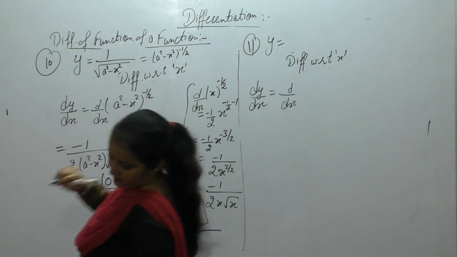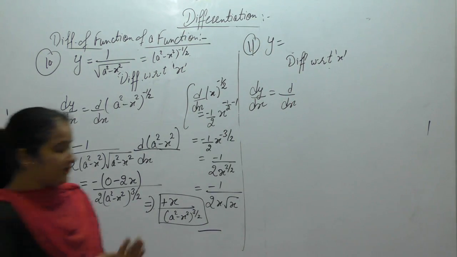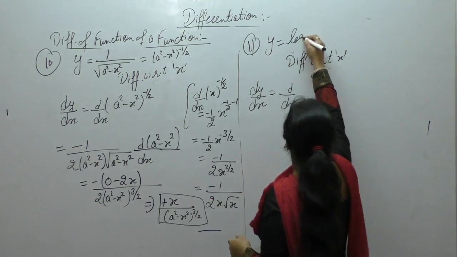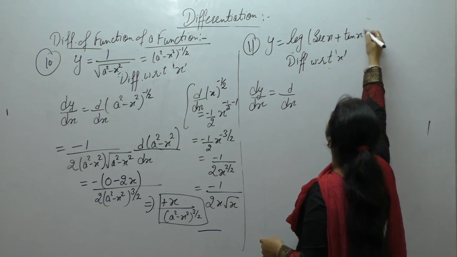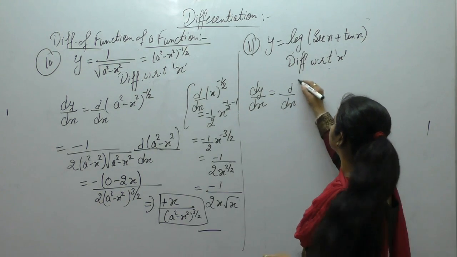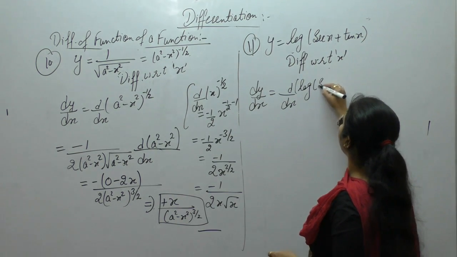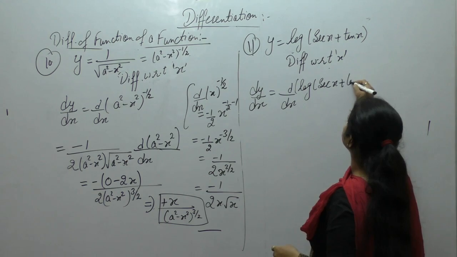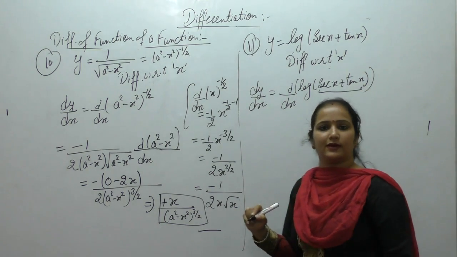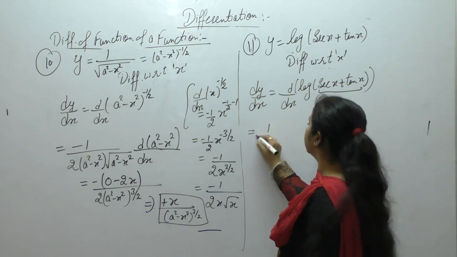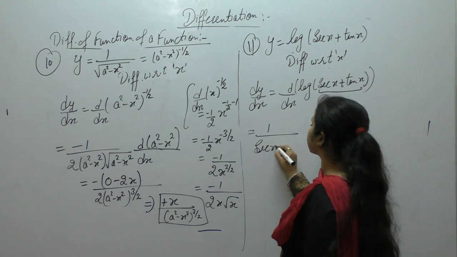Now the next one is y is equal to log of sec x plus tan x. Derivative of log of sec x plus tan x. Now this is x here. The derivative of log of x is 1 upon x.